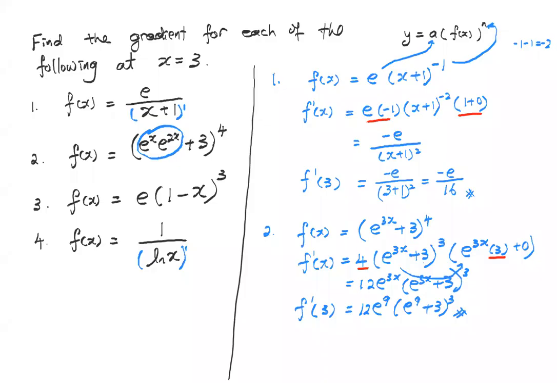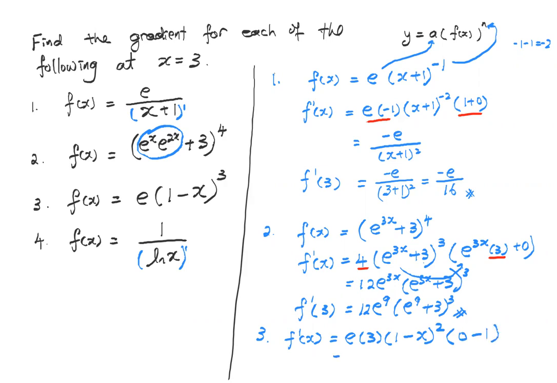Okay, number 3. This one you can differentiate straight away. Multiply by the power, copy down the whole thing, power take away 1. Times by the rate of change of 1, which is 0, and the rate of change of negative x is -1.